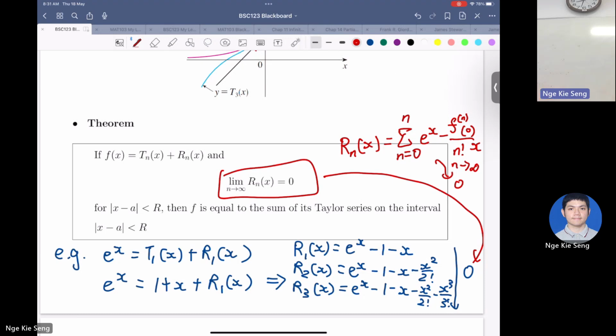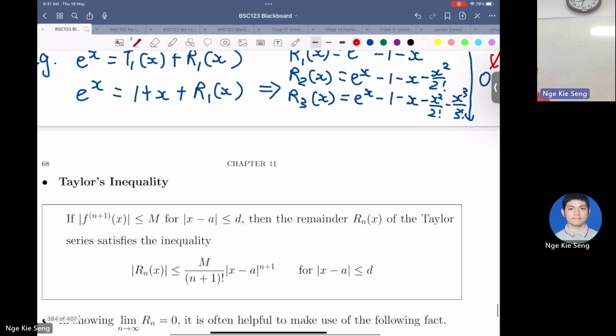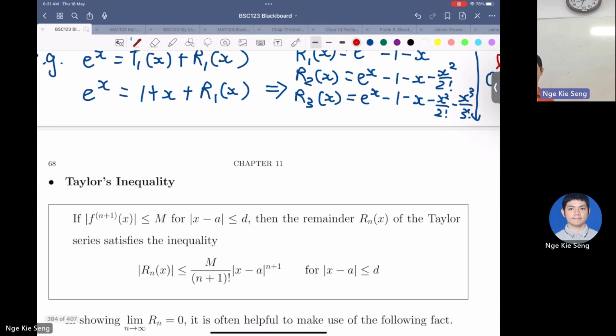So next we produce a bound for our Taylor series, sorry, the remainder. How do we bound our remainder? Let's say we can bound our (n+1)th derivative by a constant M within some range.